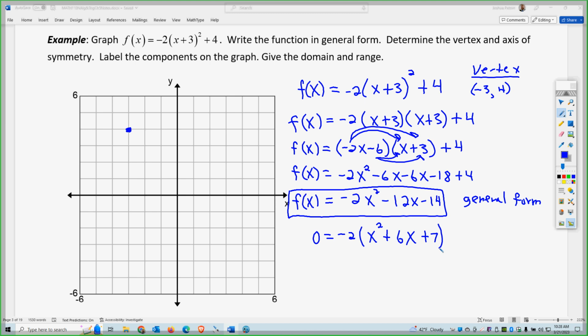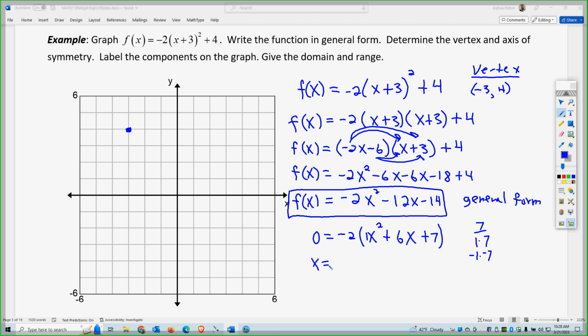Okay, so that is not factorable, because the factors of 7 are 1 and 7, or they're both negative, which gives me 8 or negative 8. So that's not factorable. So we have to use the quadratic formula, right?